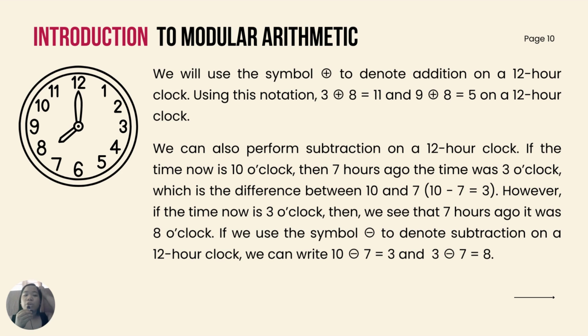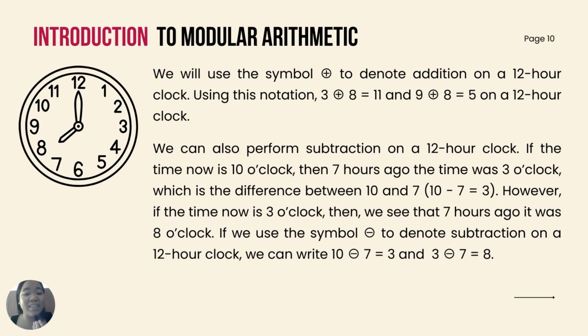So, we will use the symbol. The symbol is a circle with a plus sign inside. We use that to denote addition on a 12-hour clock. It is used in clock arithmetic. Using the symbol, 3 plus 8 is equal to 11.